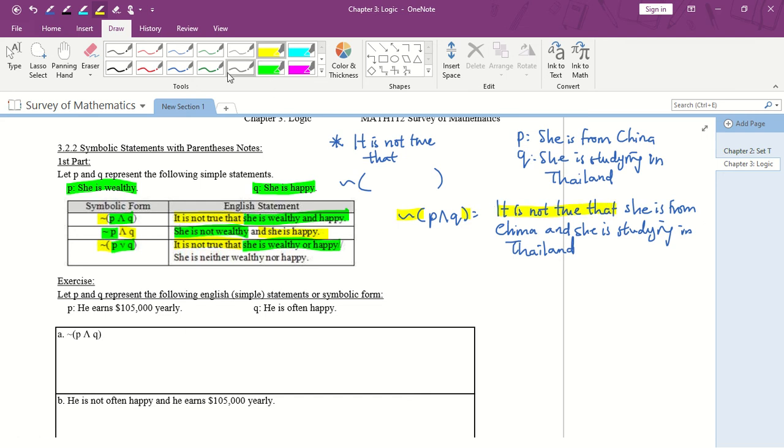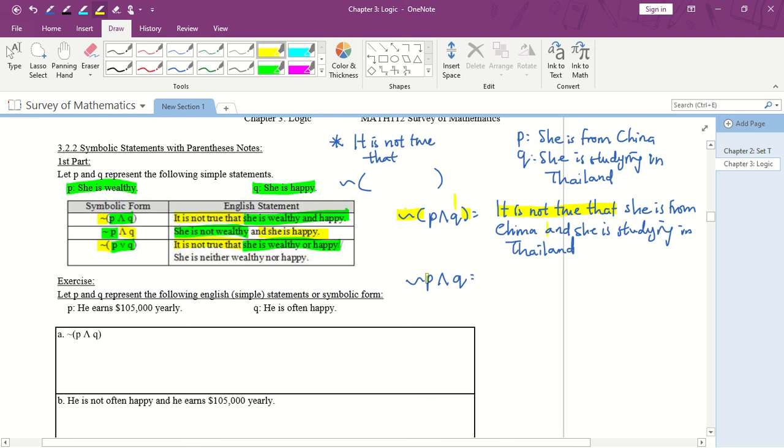Okay, however, in the case of negation P and Q without parenthesis, remember this negation is just like what we talked about just now. That's why it is applied for both things. It is not true that everything is not true.